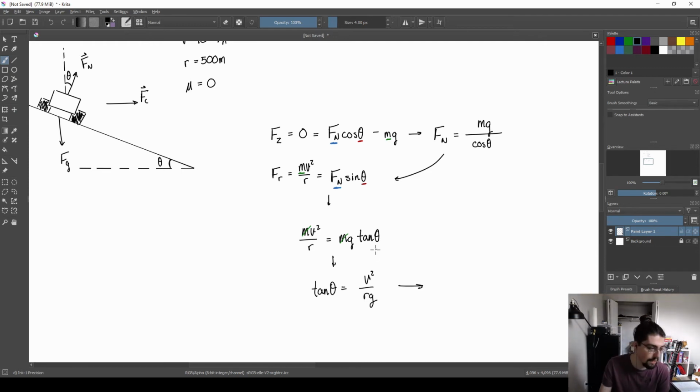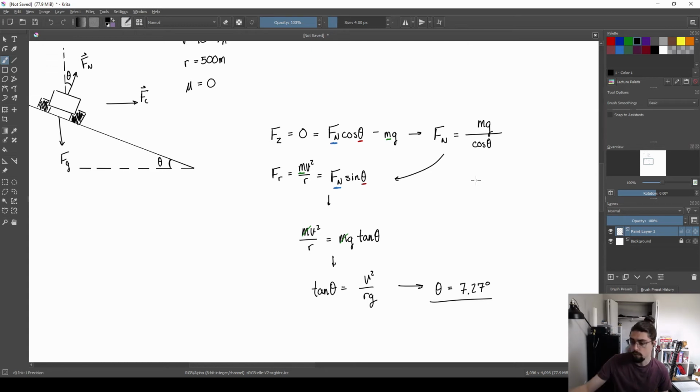That means at the end of the day that if we wanted to make sure that we could go at these highway speeds, theta should be inverse tangent, or arctangent, of that. You should get something like 7.27 degrees. That's all the bank it takes. Not actually that much. So if you ever notice that slight bank, and I guess I shouldn't say that 7.27 is nothing, 7.27 is still a pretty significant incline.